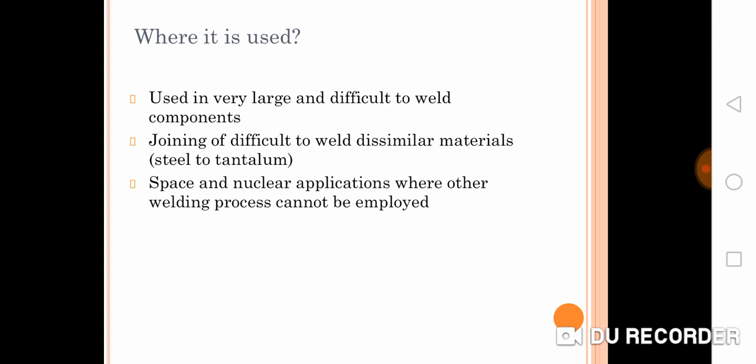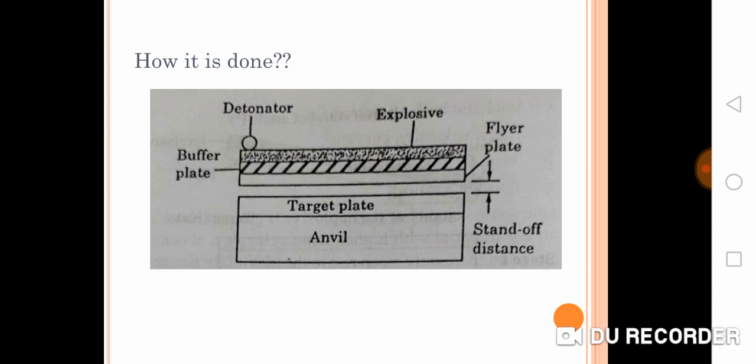For example, if you want to join tantalum to steel, there is a variation in the melting point, because by the time tantalum melts, the steel will vaporize. So this process can be used for dissimilar material joints, and you can also use it in some nuclear and space applications.